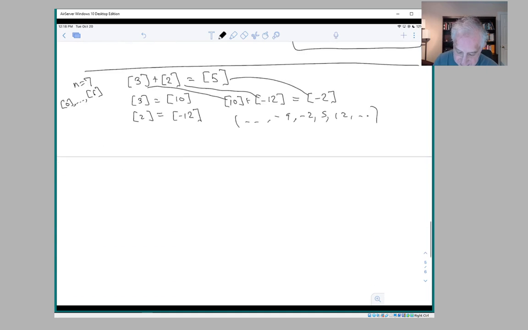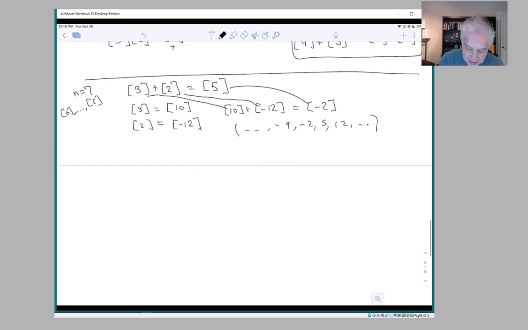So let me just indicate why this all works out for addition. What we want to show is that suppose A and A prime are the same equivalence class. Here we're going to fix n. I'm not going to say what it is, but fix n. And suppose that B and B prime are the same equivalence class.